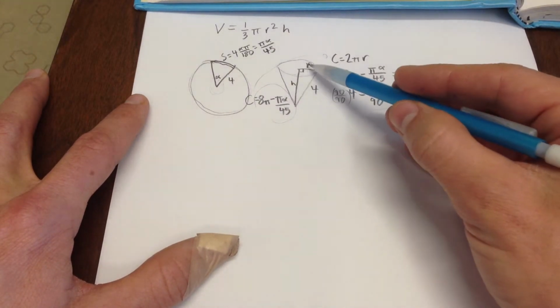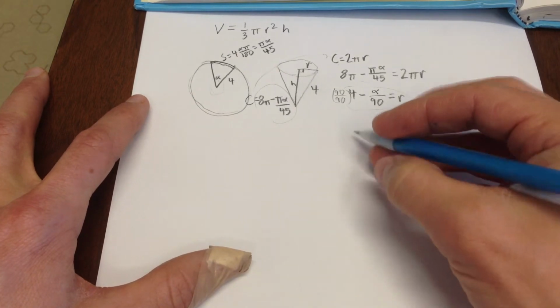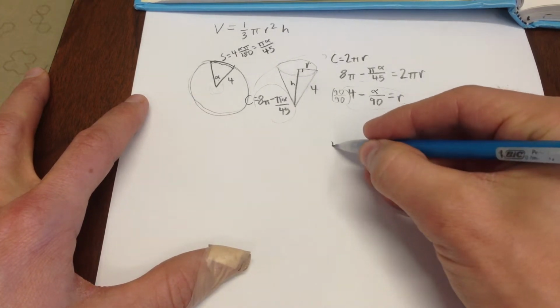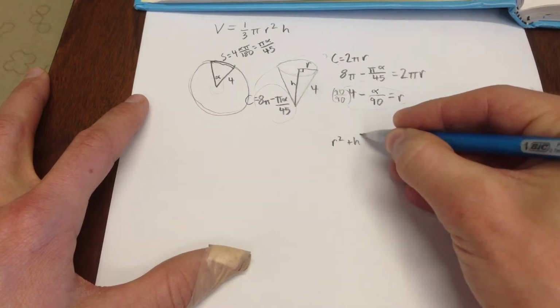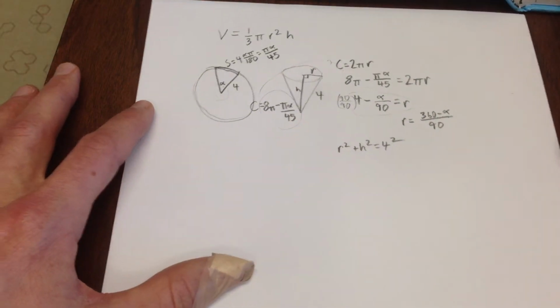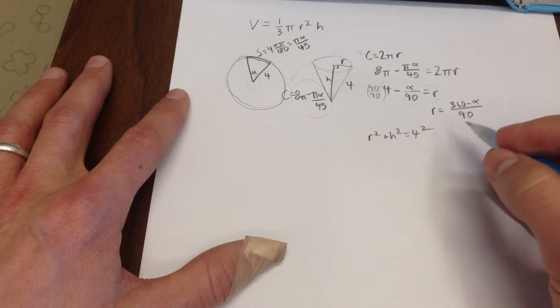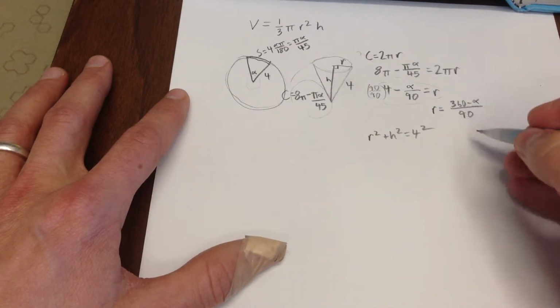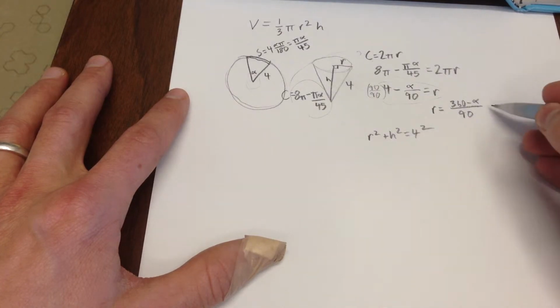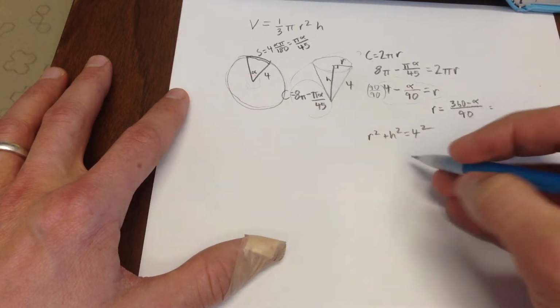How are r, h, and 4 related? By the Pythagorean theorem, we've got r squared plus h squared equals 4 squared. So I should square all of that. Squaring this, I'm going to think of it as a first term and a second term.